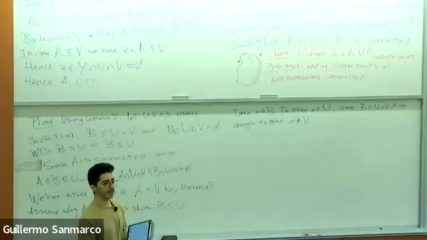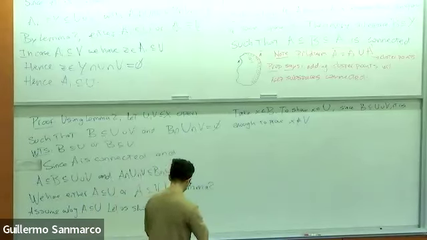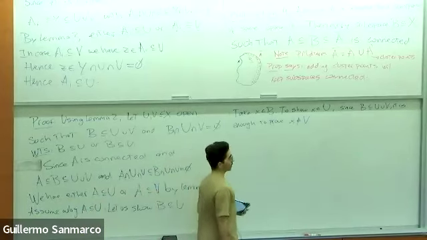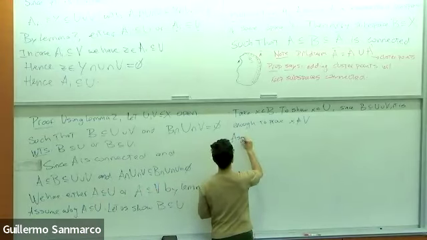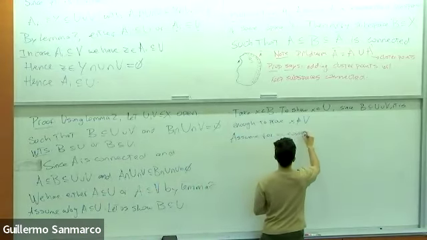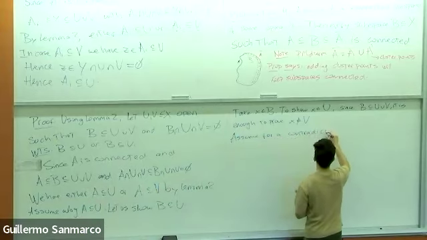Lives in the union, not in V, needs to live on the other one. So here we go for a contradiction. Assume X is in V.